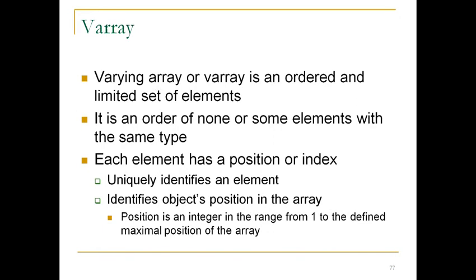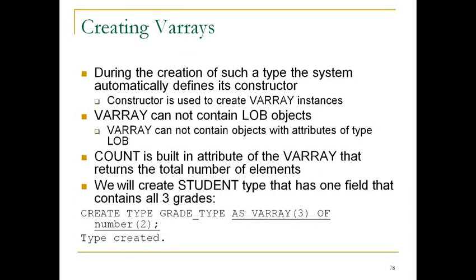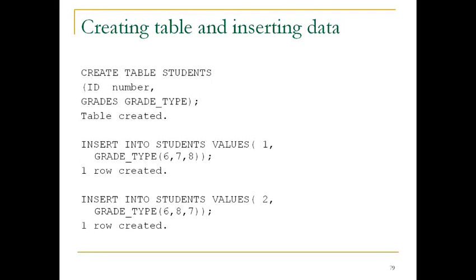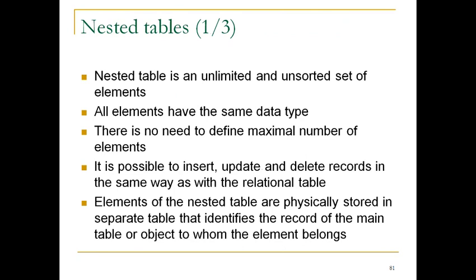Each element can be uniquely identified, and you can know its position in the array, you can access it by this position, and so on. I think I'll skip how to create these things and move to the nested tables and show you the difference.